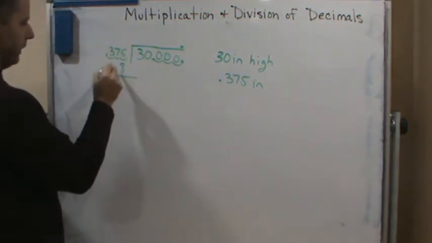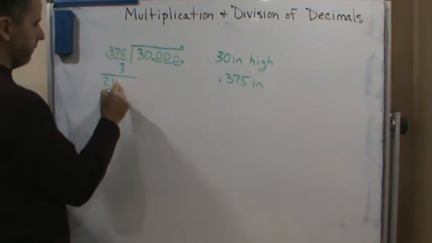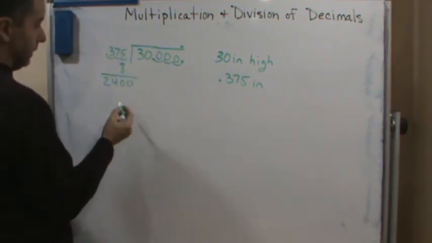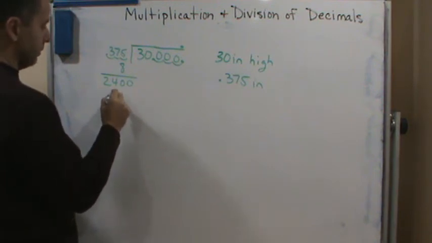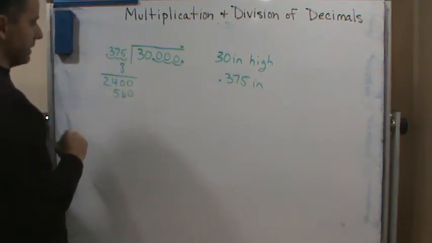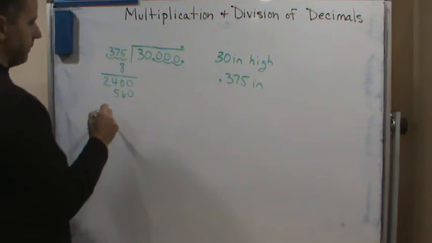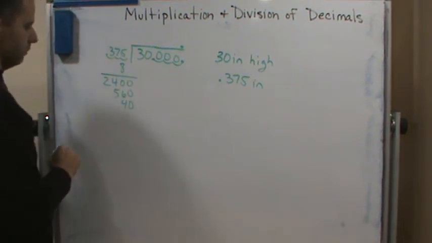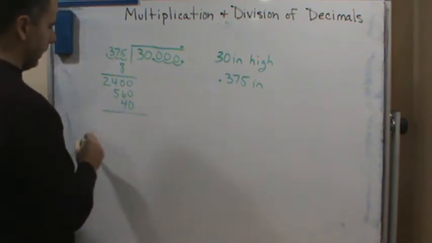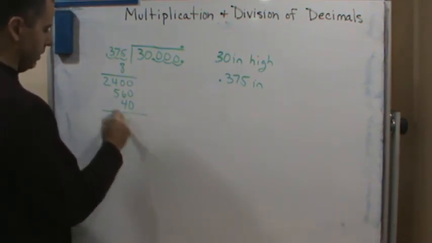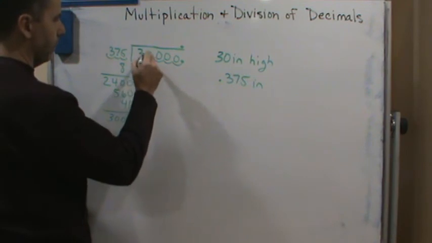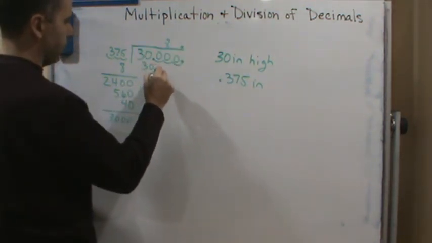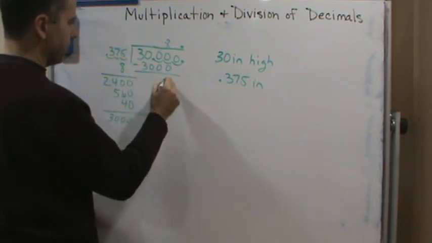So this is going to be 8 times 3 is 2,400. 8 times 7 is 56, 560. And then 5 times 8 is 40. And look at that, we get 3,000. So it's going to be right here. So 8, I get 3,000, subtract 3,000, I get 0.